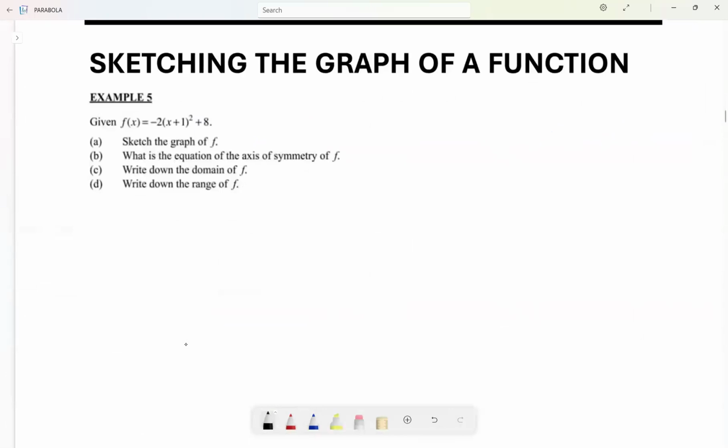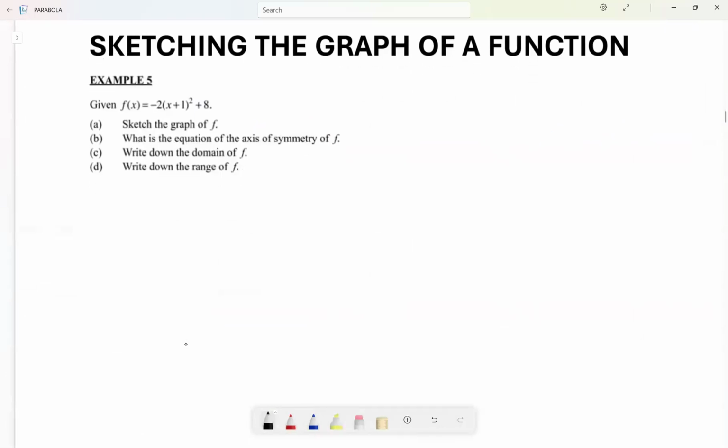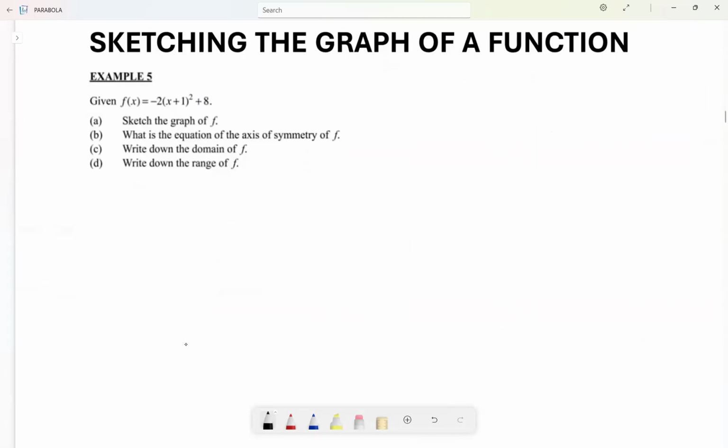Now let's look at sketching the graph of a function. Let's say we are given our equation, and you're required to sketch that. Mostly in grade 11 you are required to know how to interpret it. In grade 10 you can sketch and all of that, but in grade 11 and 12 you have to know how to apply the parabola, and they won't give you just a parabola alone.